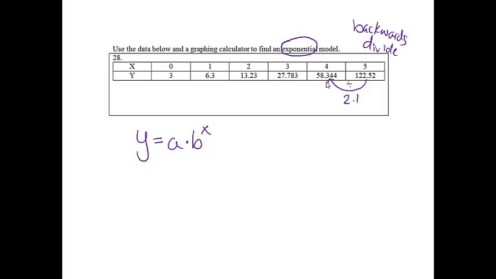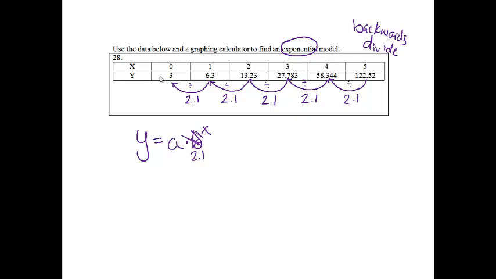When I take 58.344 and divide it by 27.783, we will get 2.1. When I take 27.783 divided by 13.23, I get 2.1. When I take 13.23 divided by 6.3, I get 2.1. When I take 6.3 divided by 3, I get 2.1. So hopefully it is very obvious to you that my growth rate is 2.1.